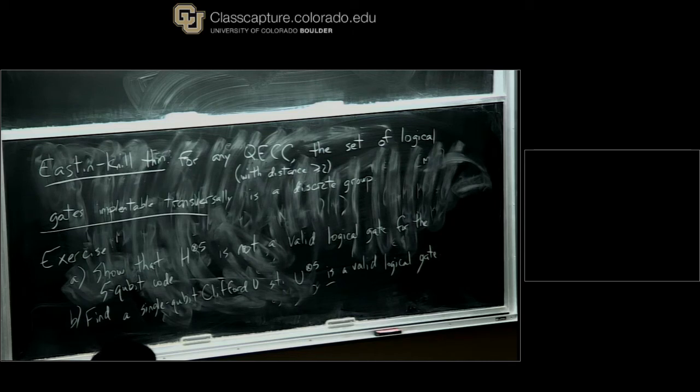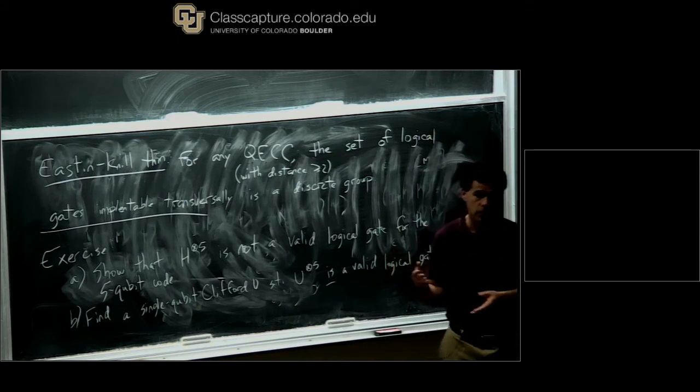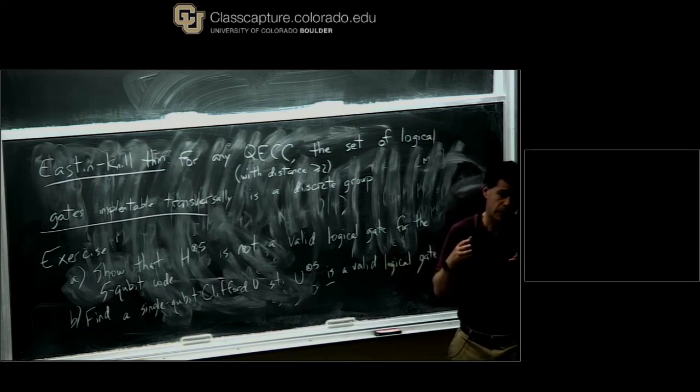Yeah. So if something's not part of the group, does that mean that it doesn't trigger stabilization? Well, what it does is it doesn't map Paulis to Paulis, okay? But it's still possible that it could map the code subspace to the code subspace. You just can't understand that by looking at what happens to the stabilizer.